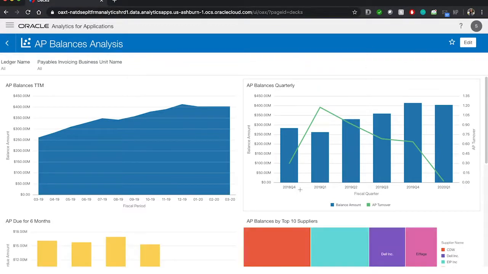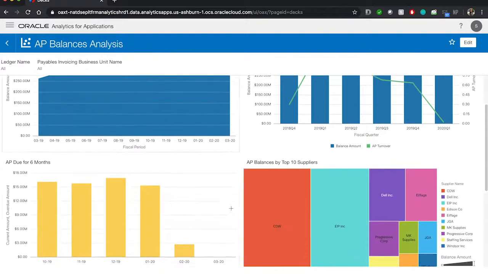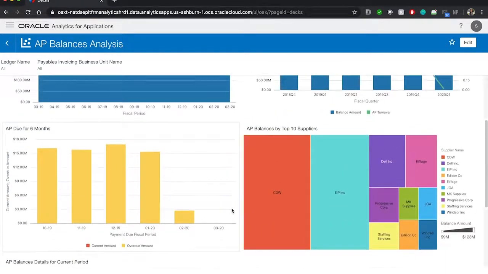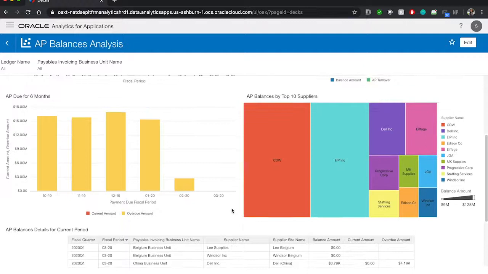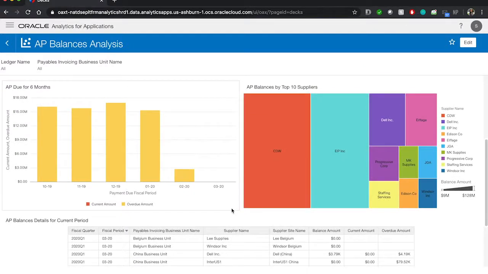We see about 4 different visualizations that the business analyst has put together, as well as a report on the bottom. He's picked out these different visualizations that help us determine the top 10 suppliers with the greatest amount of balances that we need to pay back on.